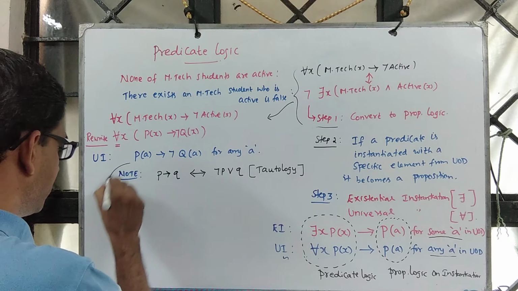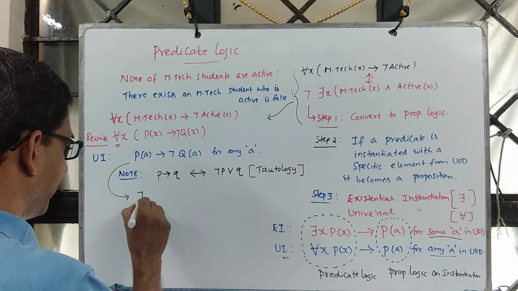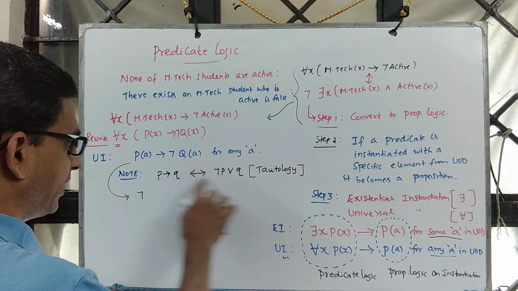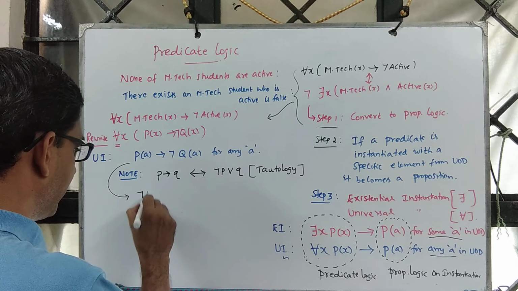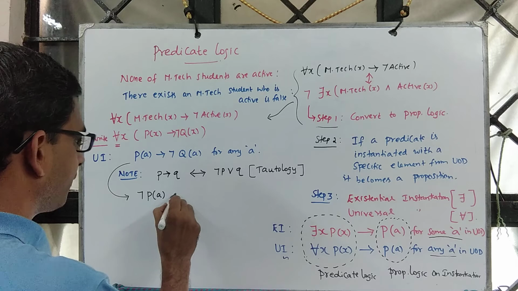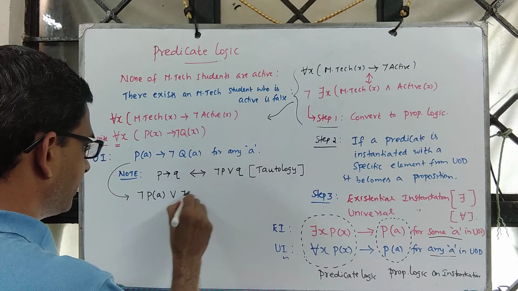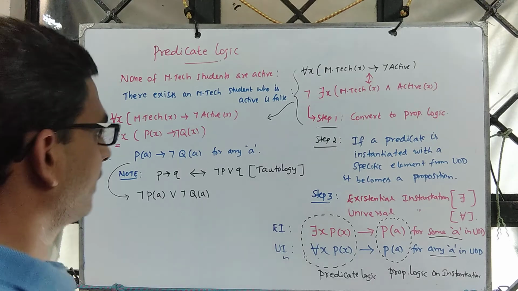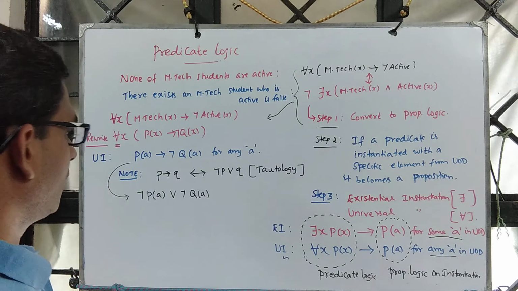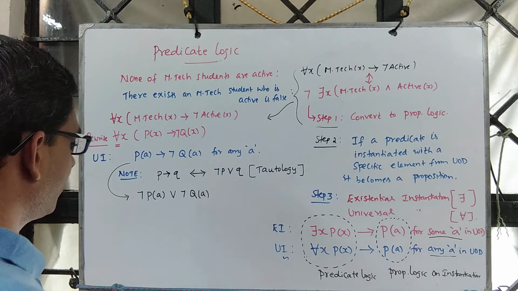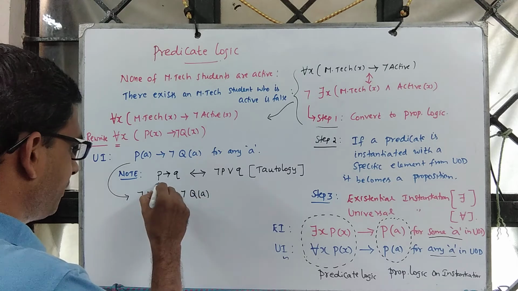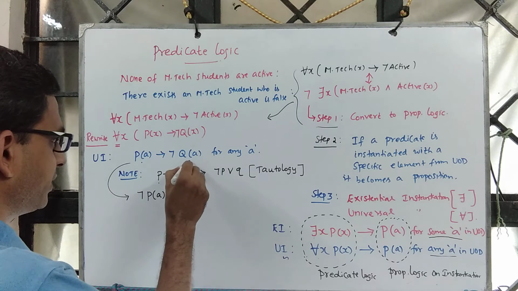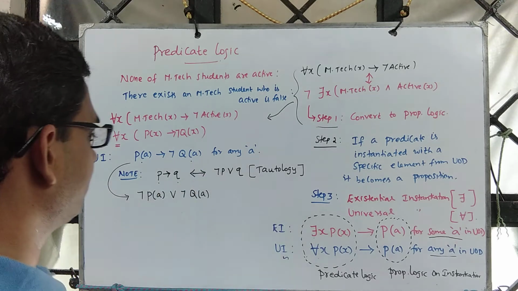So this becomes negation P or Q. In our case it is negation P of a or negation Q of a. Most importantly, here P is a proposition, Q is a proposition. For us, P of a is a proposition, Q of a is a proposition.